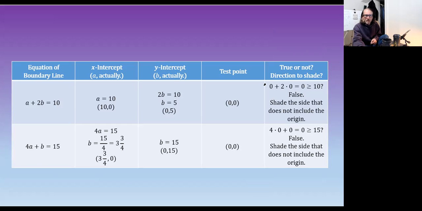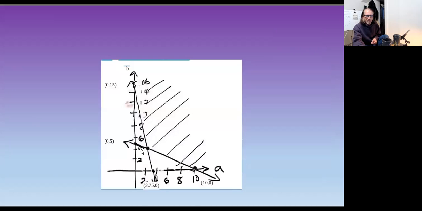So I put in 0 for A, 0 for B, do the arithmetic, and I get 0, which is not greater than or equal to 10. So for that first line, this one right here, I'm going to be shading the other side. This side has the origin. I'm going to be going this way instead.